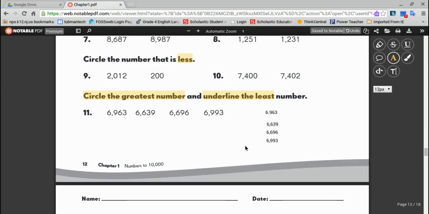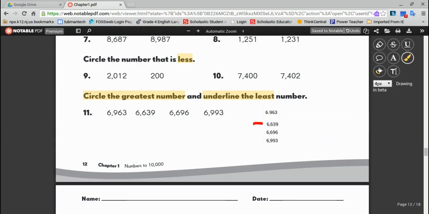So now, because we wrote it up and down, we can see which one's the greatest number. So let's do that first. We're going to circle the greatest number. So here we go. We have our 6,000, our 6,000, our 6,000, our 6,000. That's all the same. Now let's look at our hundreds. 900, 600, 600, 900. Well, right now we know that we don't want this one.